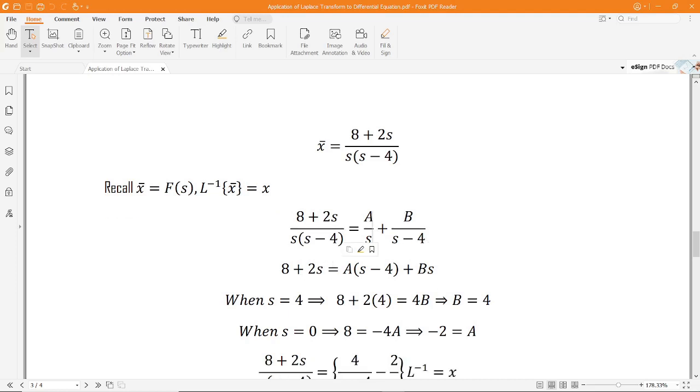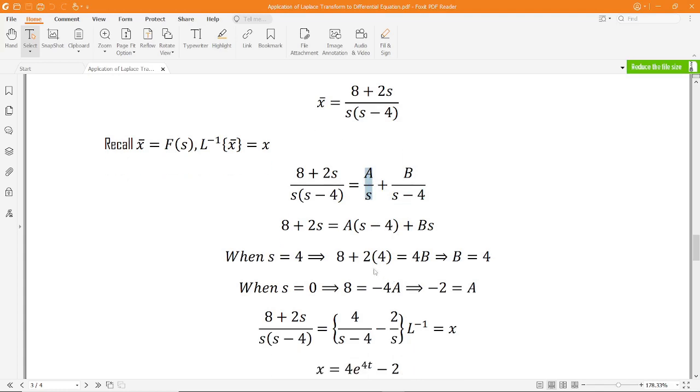So if we do the partial fraction like we did the other time when we were talking about the inverse, a is having this and b is having bs. So that's what you have here. The next thing is to find a way to turn either s minus 4 to 0, or s to 0, and solve for b or solve for a, as the case may be. So when you make s to be 4, 4 minus 4 will be 0.